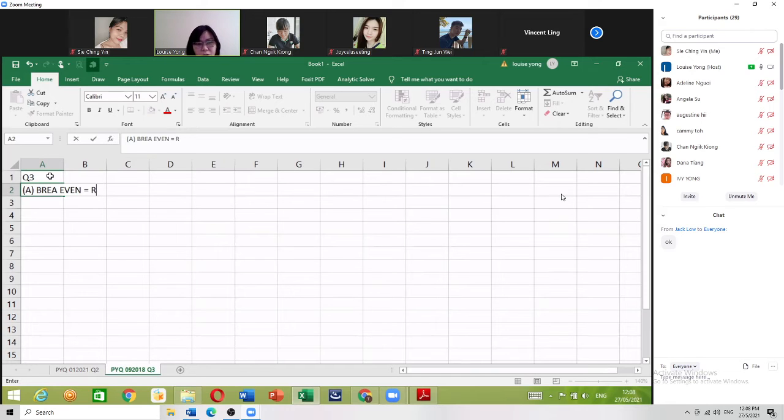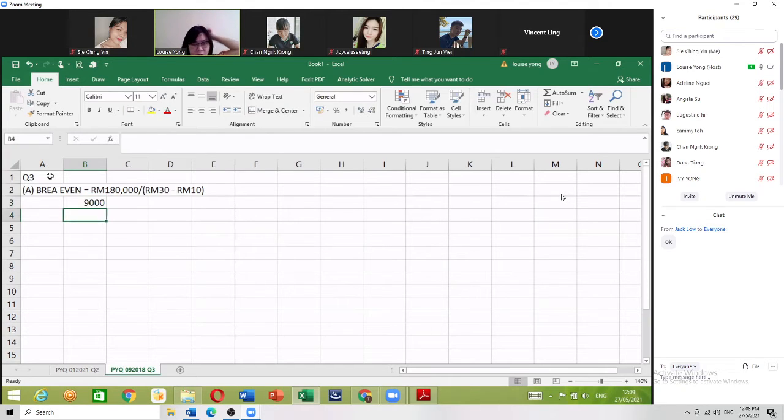Okay, so you use your fixed cost 180,000, divided by your contribution per unit. So what is your contribution per unit? Your selling price will be 30, right? So minus your variable cost, $10. So 180,000 divided by 20.